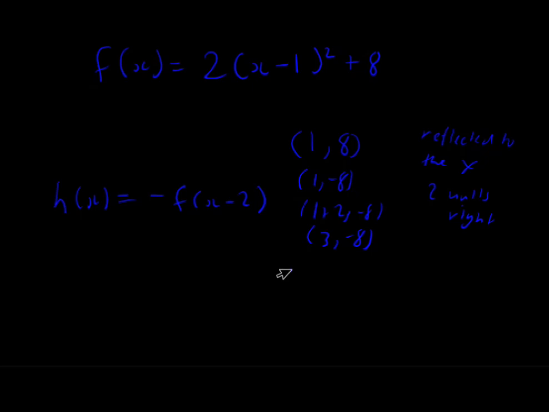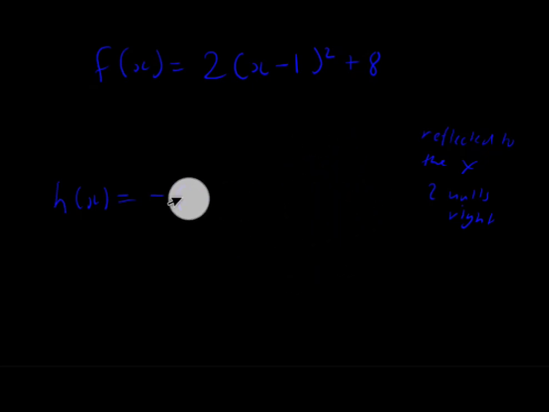So let's go for another one. Afterwards I will go to some other types of questions. Now let's say they ask you to find the turning point. The original turning point is (1, 8). They ask you to find the turning point of h if h(x) is equal to f(minus x) plus 2. What does this mean?